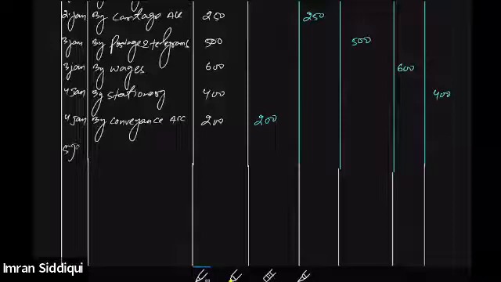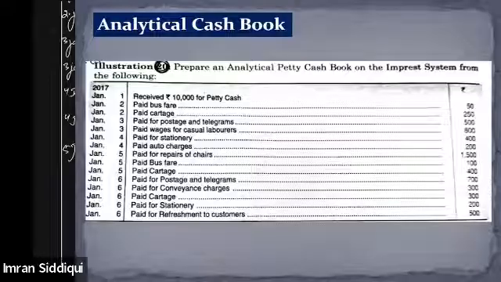5th of January, by repairs. What amount we have spent on account of repairs? We have spent 1500 on account of repairs, right?